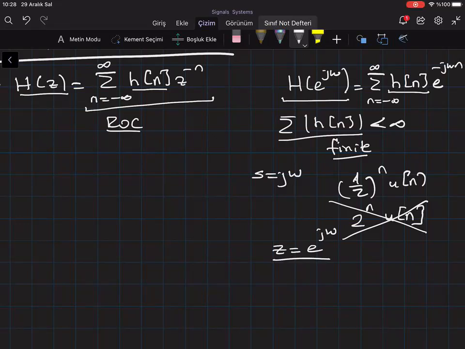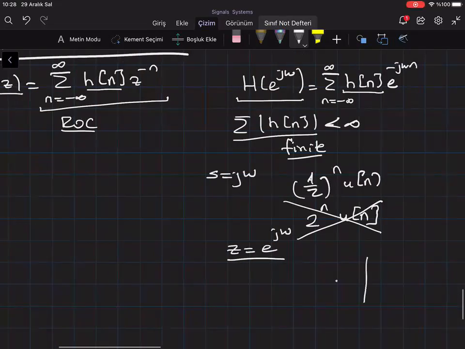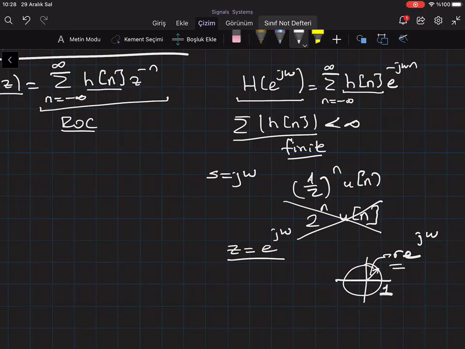But Z is much more general in terms of the radius: e to the j omega is only the unit circle, but when I have r times e to the j omega, according to my r, the radius of the circle can expand or squeeze, as we want.